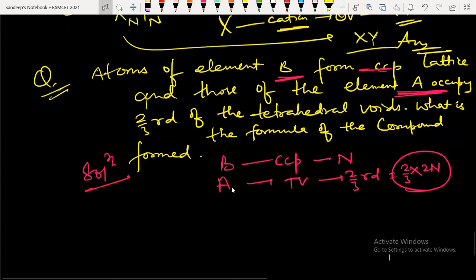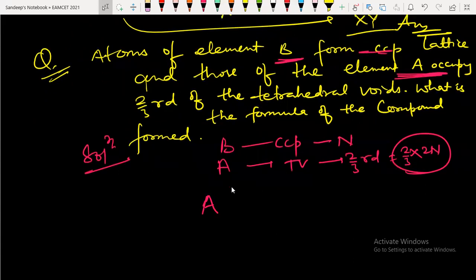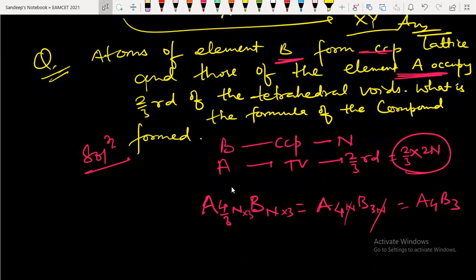You will write A 4/3 n, B n. So you just have to simplify this. Multiply with 3 on both sides, so it will become A 4n, B 3n. So cancel n, and it will become A4B3. So this will be the answer. I hope you understood, student.